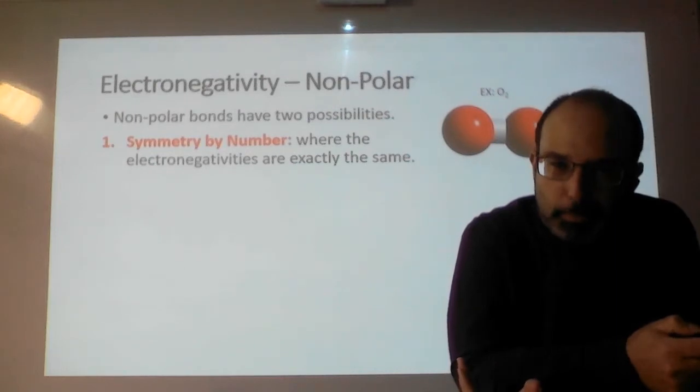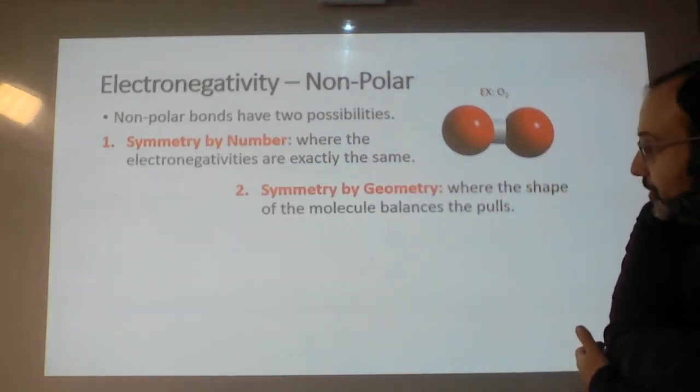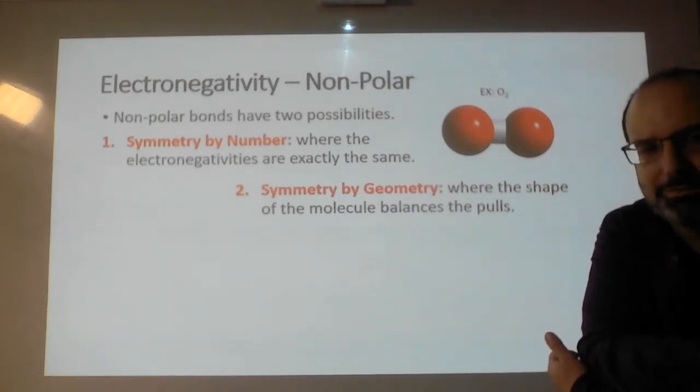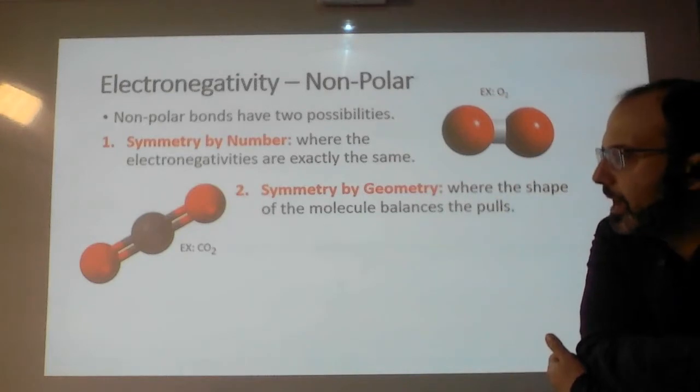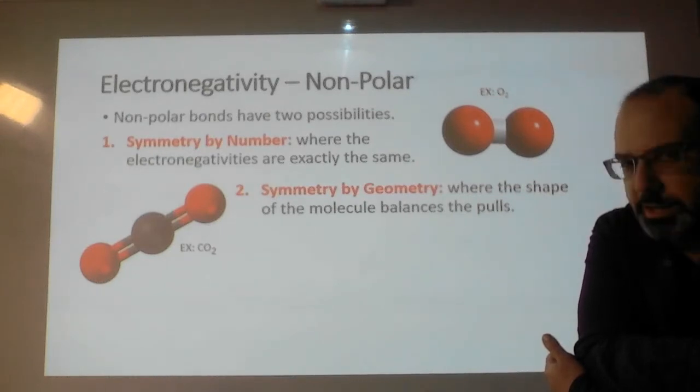But there's another option, symmetry by geometry, where the shape of the molecule balances the pull. Wait, what? What do I mean by that? Look at this guy. You got good old carbon dioxide there, the stuff you're breathing out right now. Carbon in the middle doesn't have a very strong electronegativity.